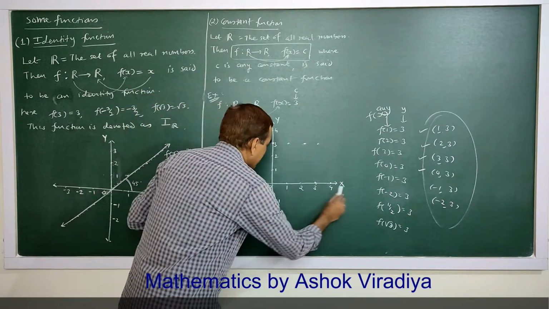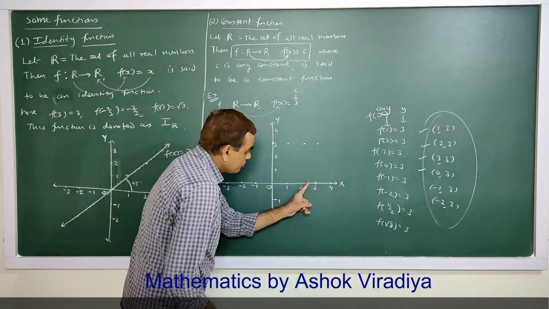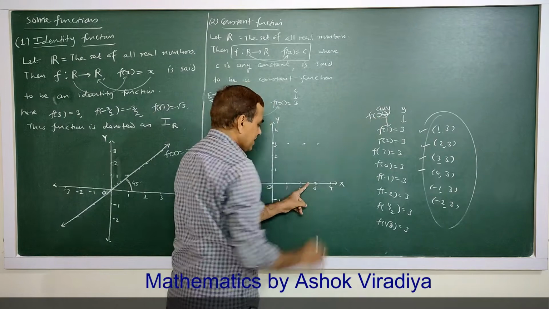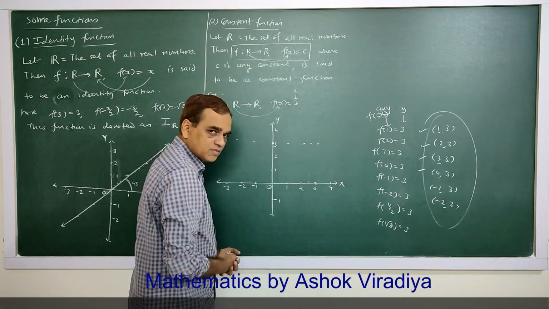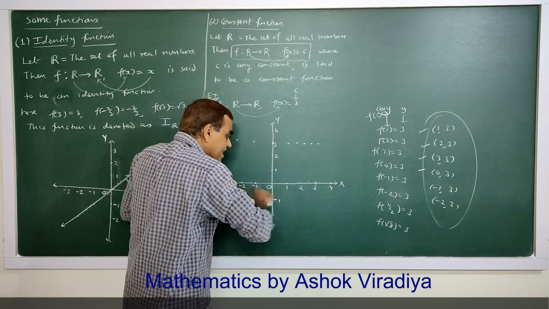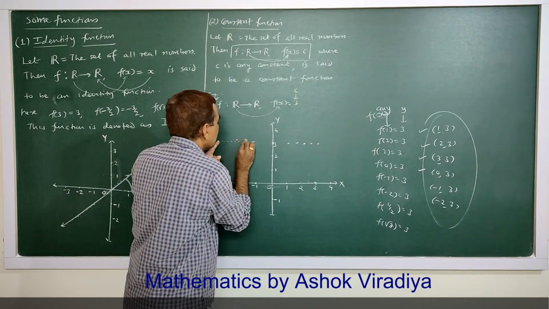Means select any number. If you take 5/2 or 2.5, so if x is 5/2, y is 3. So (5/2, 3). Then (3/2, 3). Select any x, its image is 3.